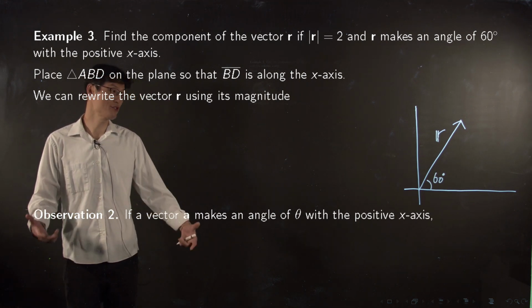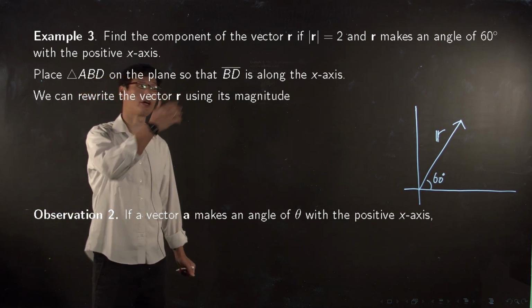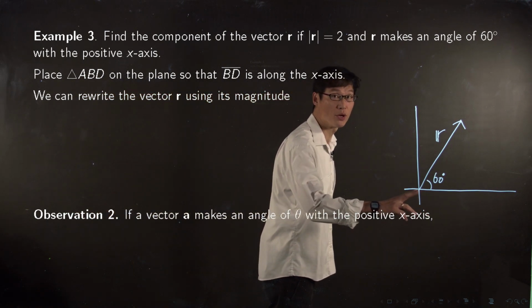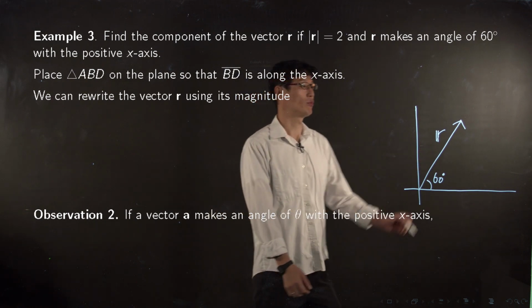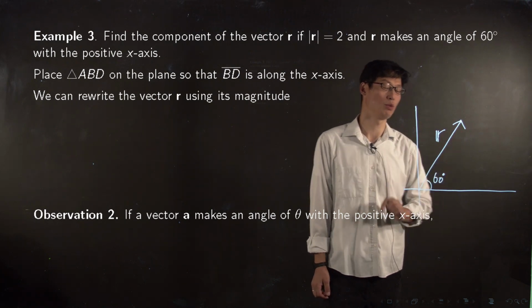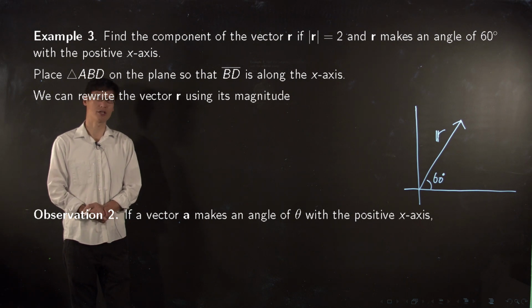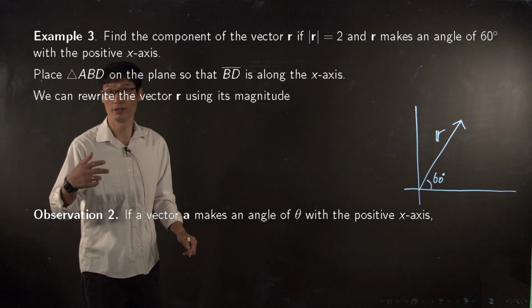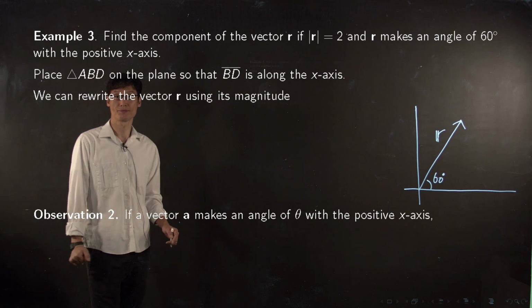All right, so quick example. We are given some vector, and we want to represent this vector. The vector has magnitude 2, and it makes an angle 60 with the positive x-axis. So we are after this vector, and we want to find the coordinate of this terminal point. Once we find it, we can represent this vector. So the idea is, we recycle the right triangle from the previous page.